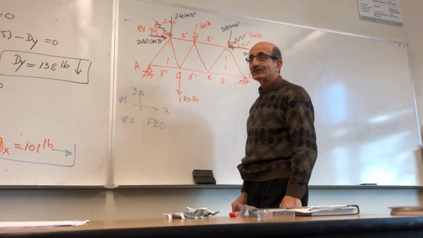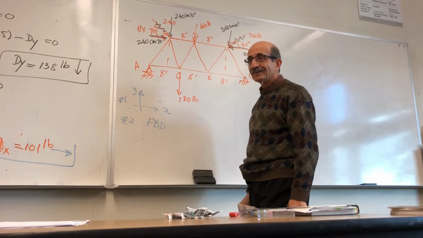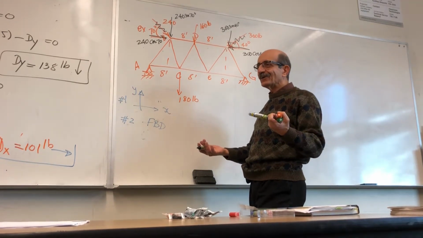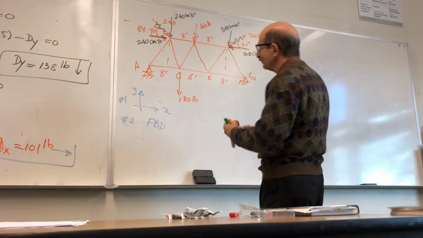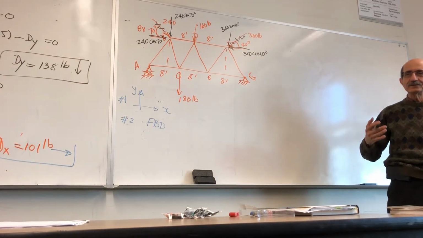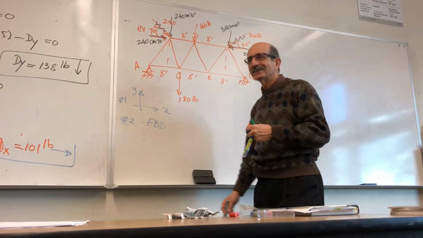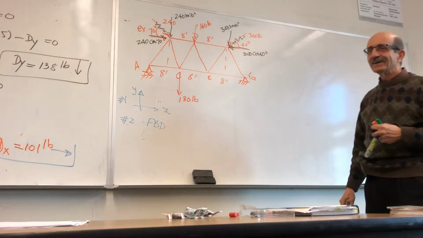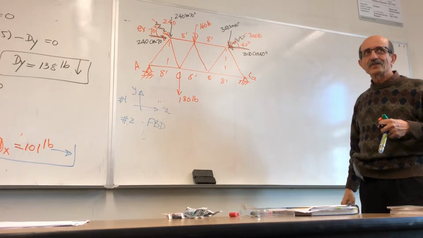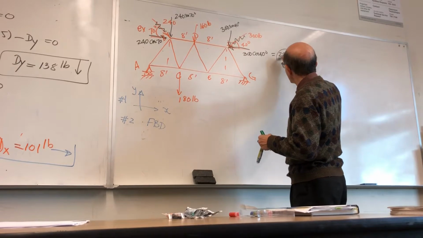What is 300 cosine 40? 229.8. Great, that's not bad.